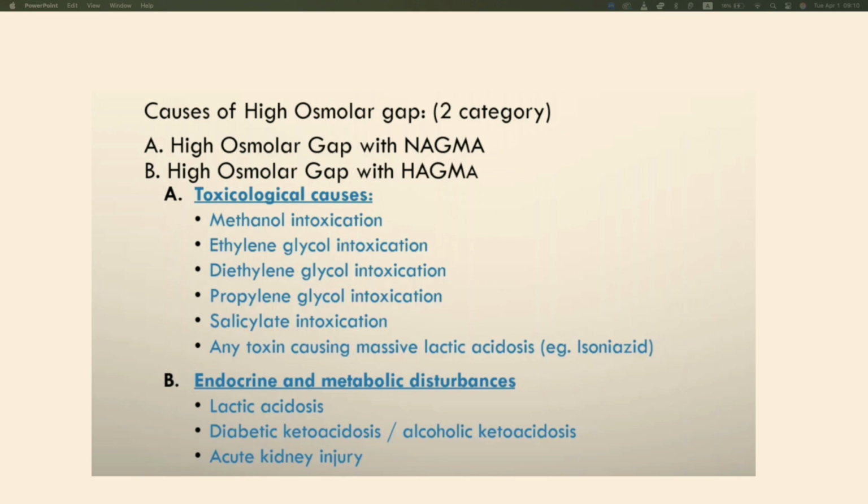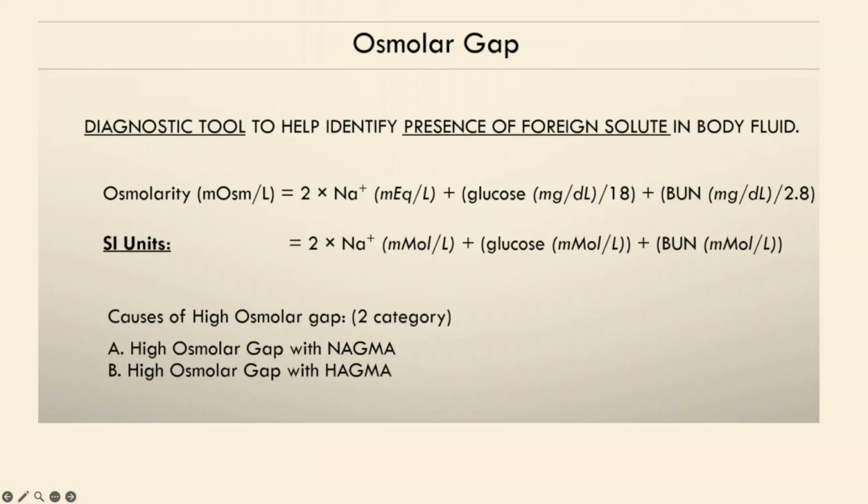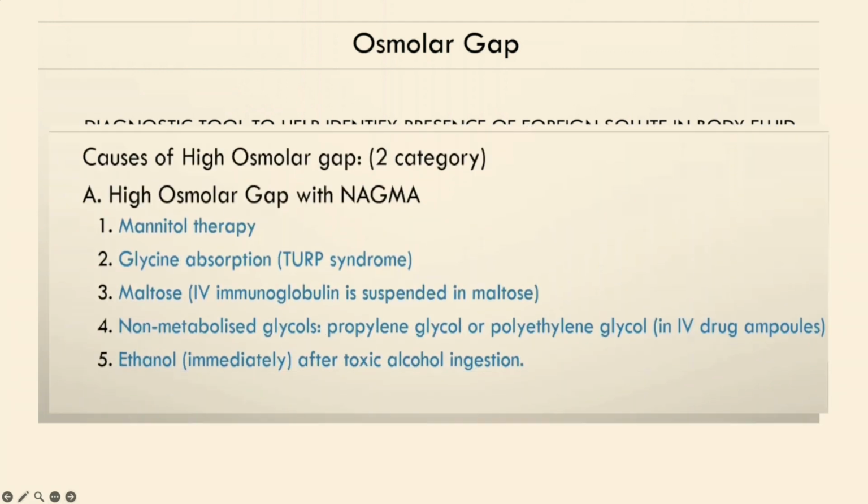Now if it is with HAGMA, then you know there is a toxicology issue. This can be identified by your lab as well. So let's say if I have high osmolar gap but with normal anion gap metabolic acidosis, these are the differentials that you're going to look at.